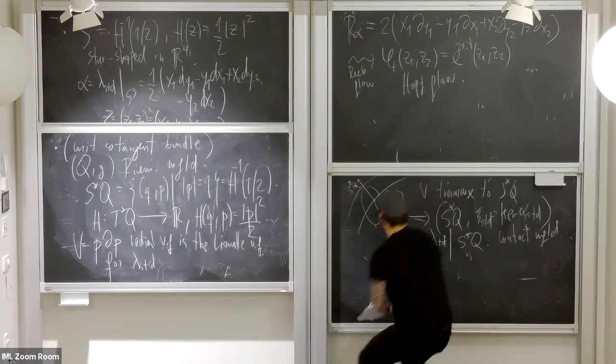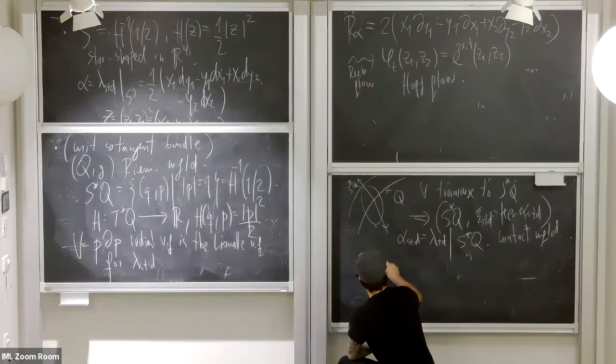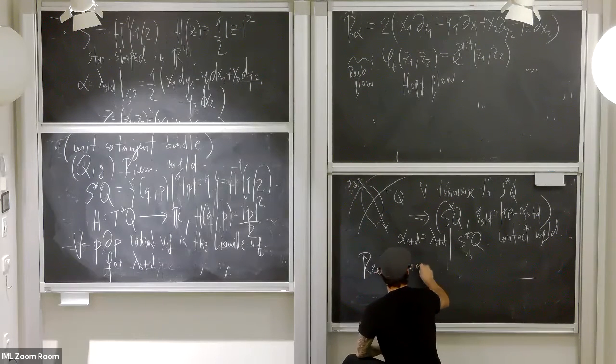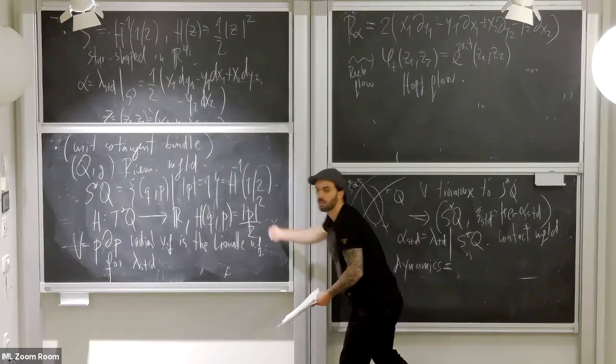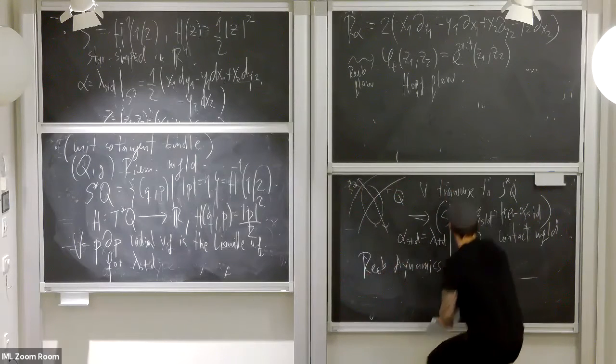And the Reeb dynamics, as you can check, is the Hamiltonian dynamics of the kinetic Hamiltonian. This is just a geodesic flow.